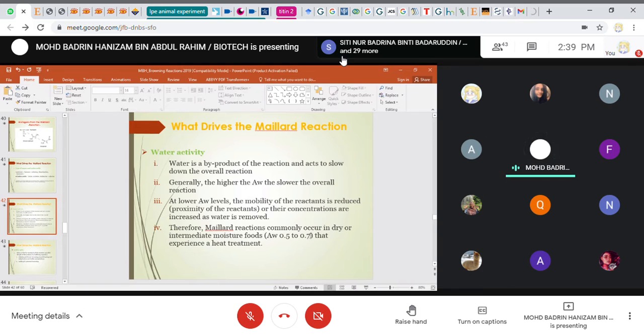If you have too much water activity, you can have microbes growing, and that's not desirable for the product for shipping and storage. That is why food producers try to maximize the rate of the Maillard reaction during storage by decreasing the water activity.